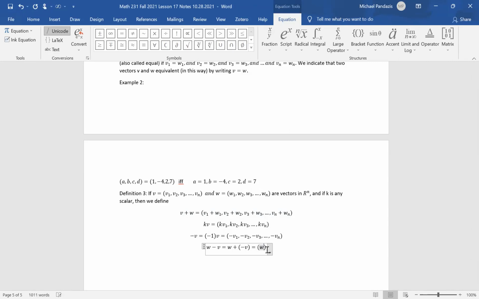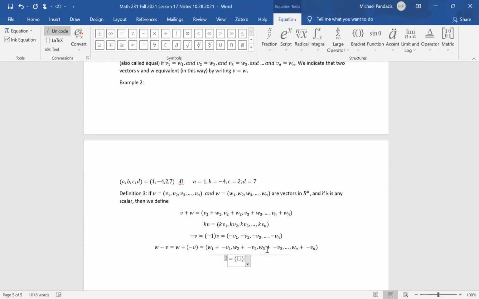And so the first component is w1 plus negative v1. The second component is w2 plus negative v2. The third component is w3 plus negative v3, and so on, up to and including the last component, the nth component, wn plus negative vn.